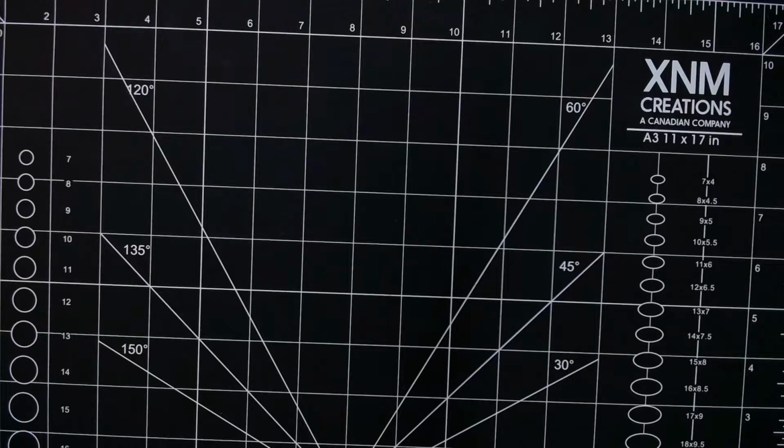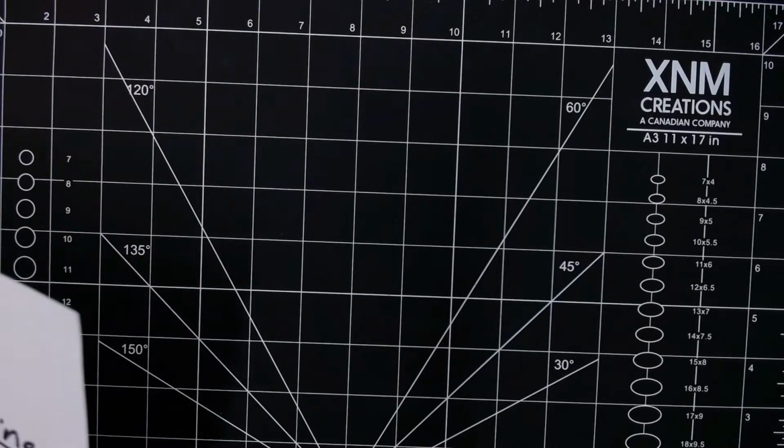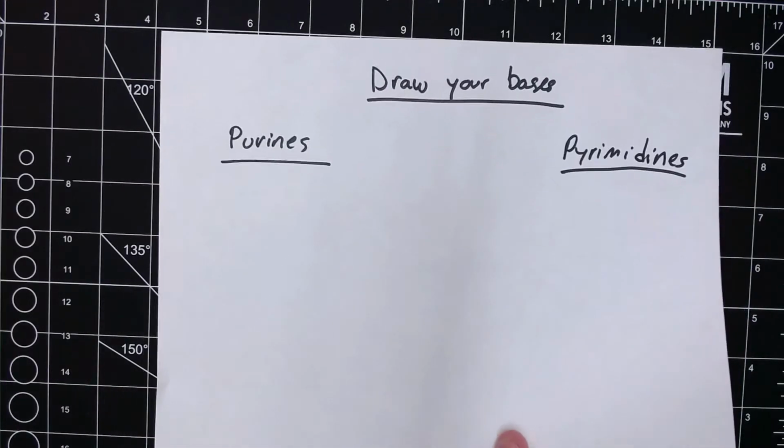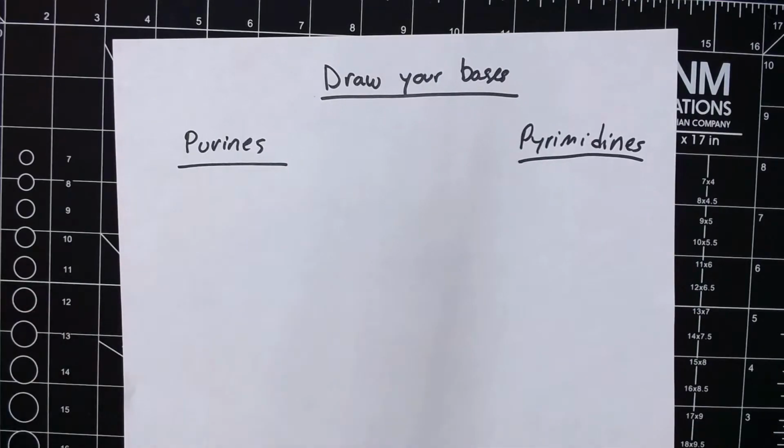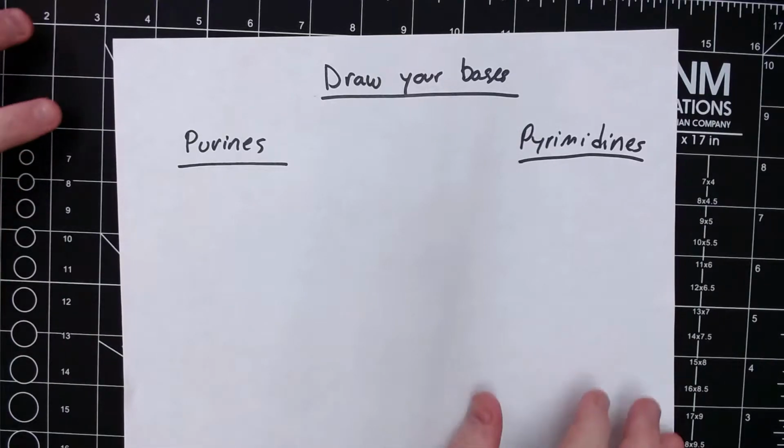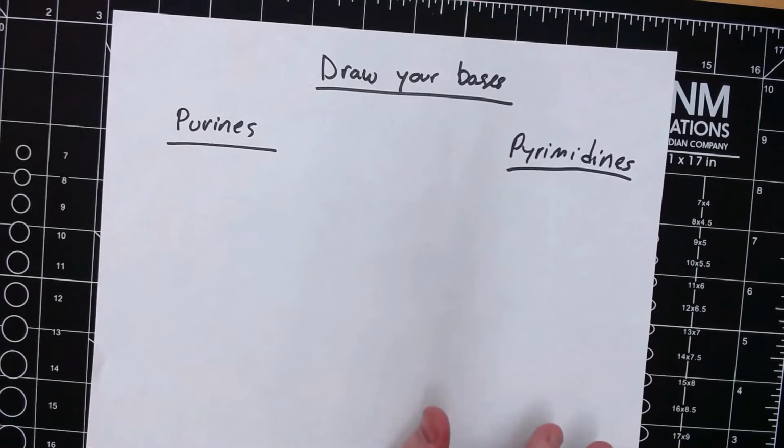And the only thing that really remains in order to internalize these nucleotide structures are your bases. And admittedly, this is a little bit annoying because there are some components of memorization here that you need to do in order to learn your purines and pyrimidines. But if you structure your thinking about your bases in your mind, then you can easily organize the different structures that you're going to see.